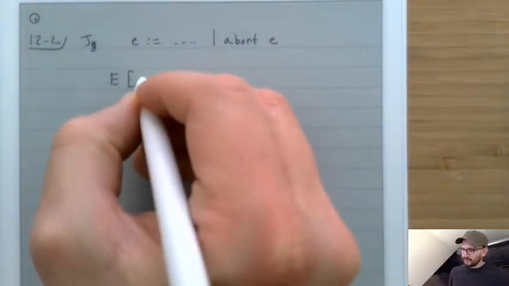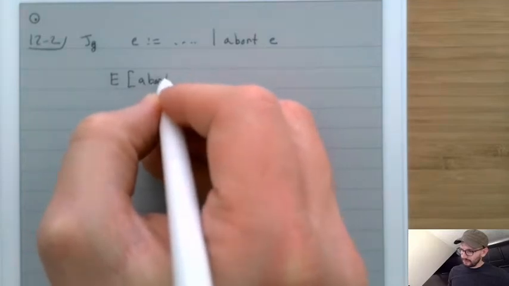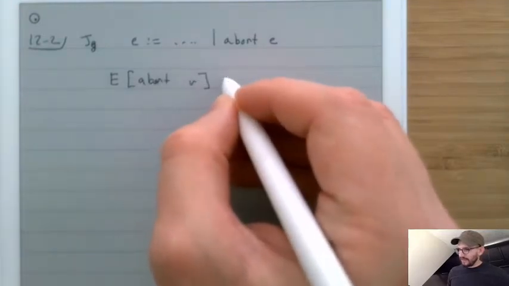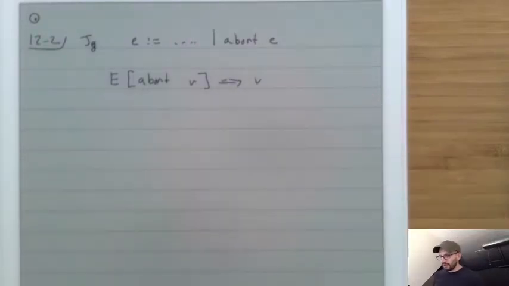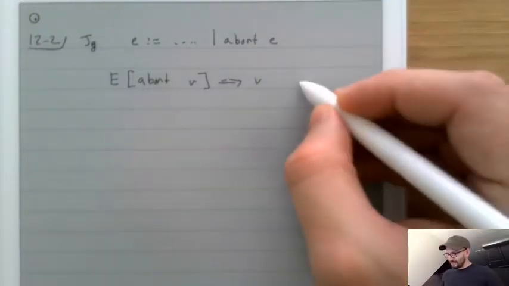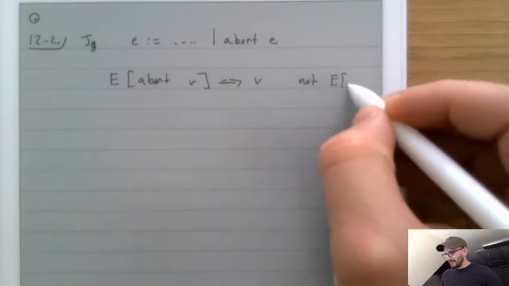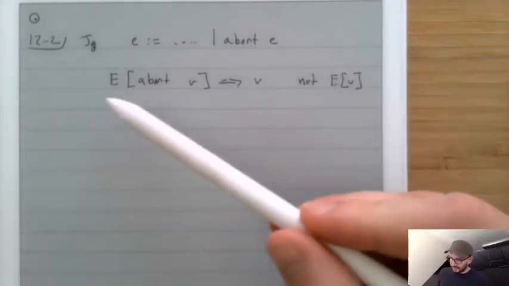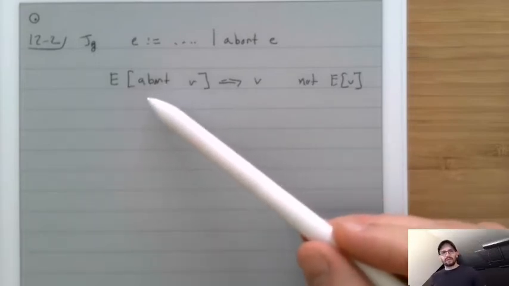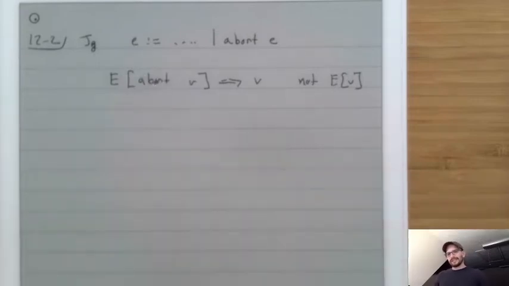When you get to an abort with a value, you just return that value. Notice that it is not E of V. This is really the first time that we've had a rule like this. It says that if you're in a context where you get to an abort, you stop the context and totally throw it away, and you just go right to the abort.